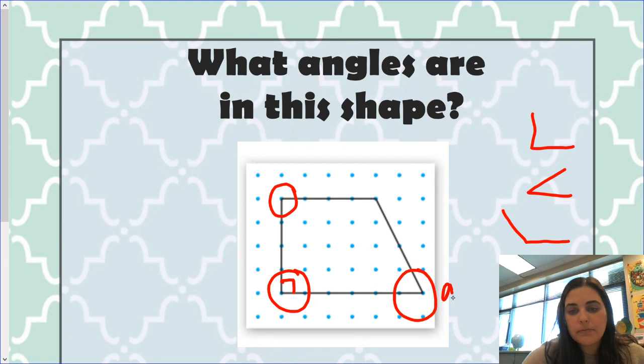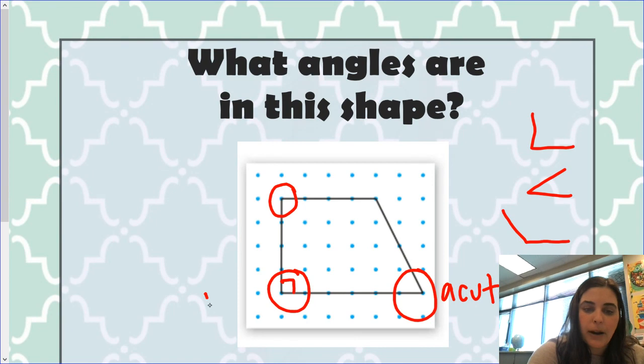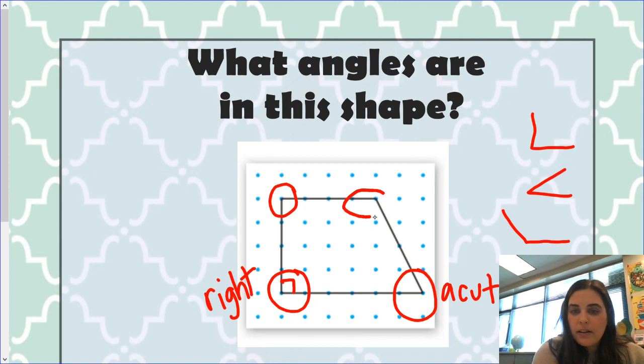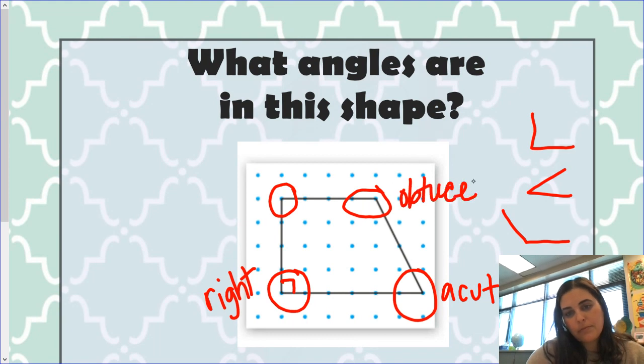It's acute. These are both right. And this last one up here, if we look at where these lines are coming from, this endpoint, those are actually greater than a right angle, and we would say that these are obtuse. So there are 4 angles in this shape. We have right, obtuse, and acute.